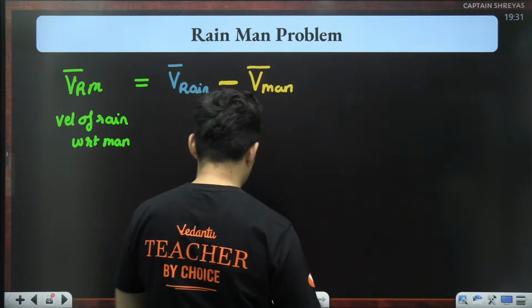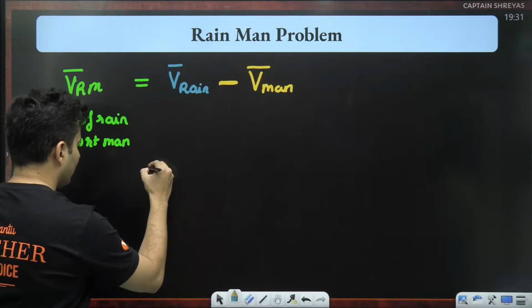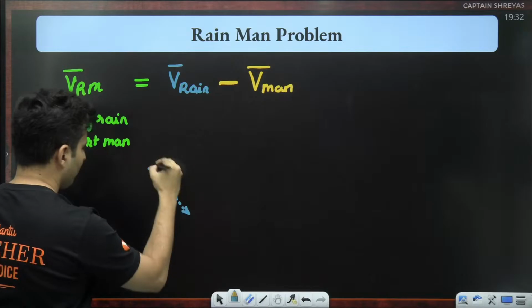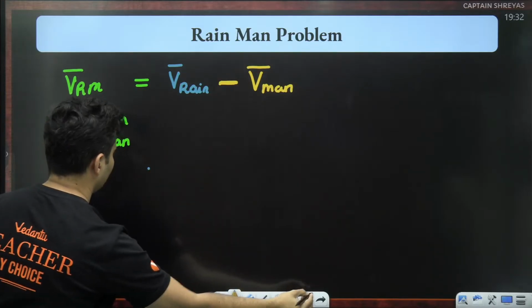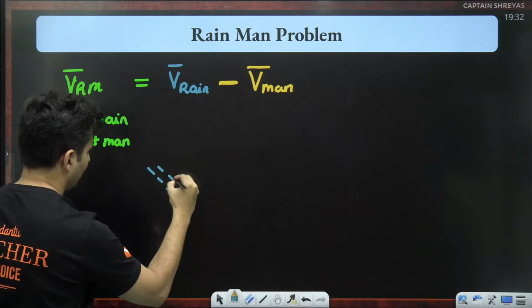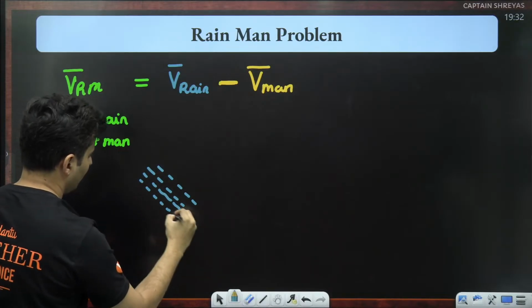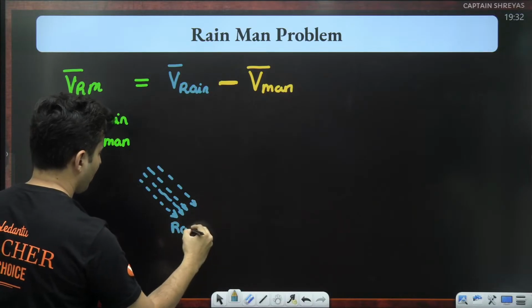So say for example, rain is falling like this.